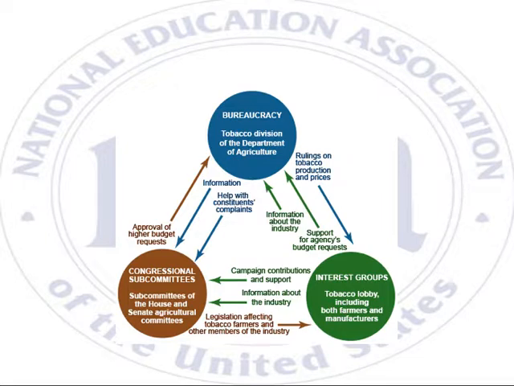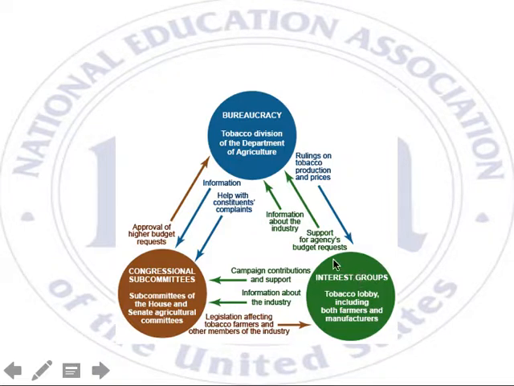Here's just an example of how an interest group, a subcommittee, and a bureaucracy would work as far as maybe tobacco goes. Campaign contributions from an interest group to a committee, or then maybe they're passing legislation affecting tobacco farmers.